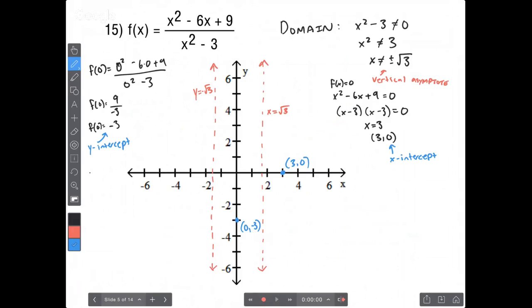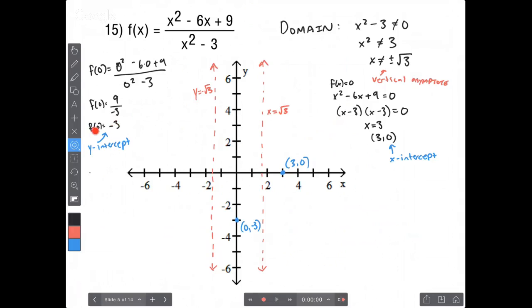Richard says, wait, how did you find 0, negative 3? Well, I wanted to know what would happen when I plugged in 0, which is another way of thinking about the y-intercept. So I plugged in 0 for x, f of 0, said 0 squared minus 6 times 0 plus 9 divided by 0 squared minus 3, which came out to just 9 over negative 3, which was negative 3.